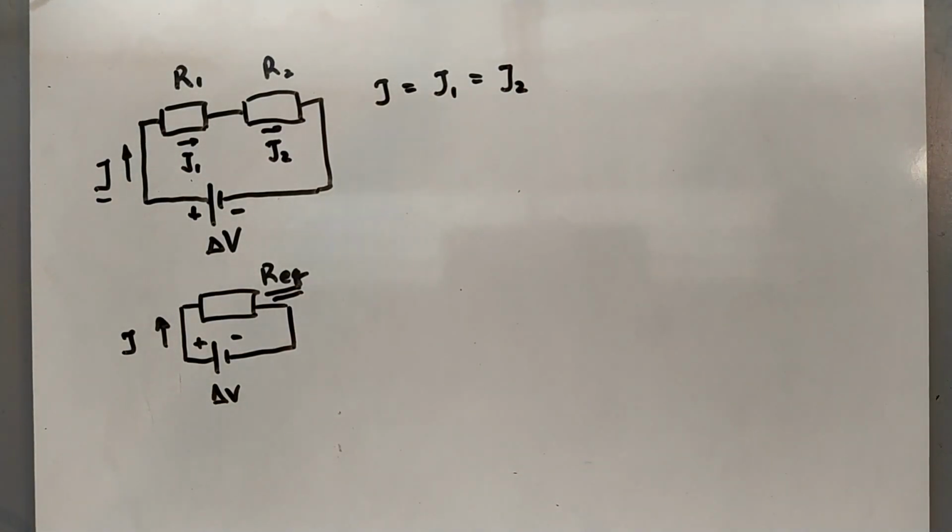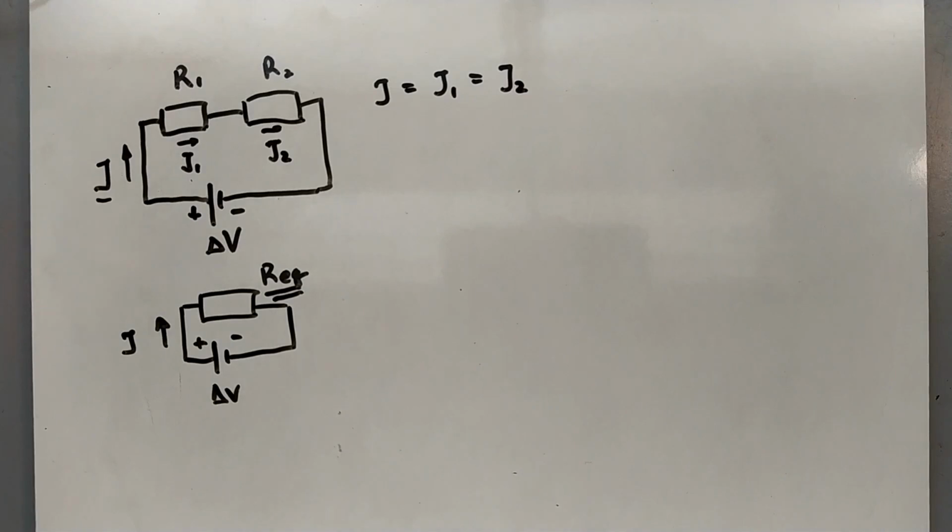So we don't have any deviations, any branches of the electric circuit, so this is only one loop. Current will be the same in every point of this electric circuit, means current I, capital I, will flow through resistor R1 and resistor R2.